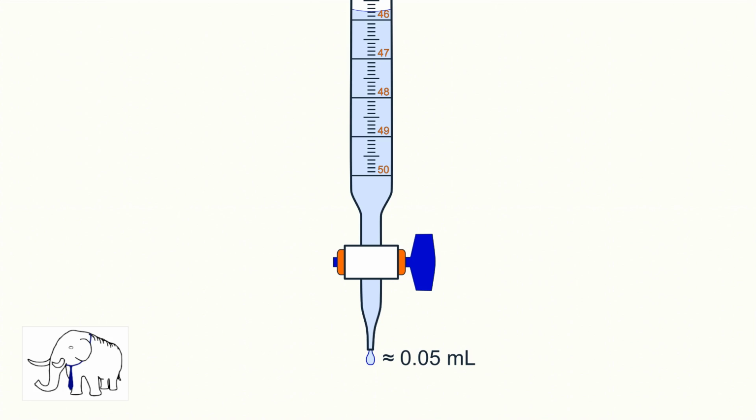Maybe your best practice with this burette is to only report to the nearest 0.05 milliliters. In this neighborhood, you're trying to decide between 48.10 milliliters, 48.15 milliliters, and 48.20 milliliters. You can reasonably do that with reasonable eyesight, and you're including the uncertainty from the size of the drop.